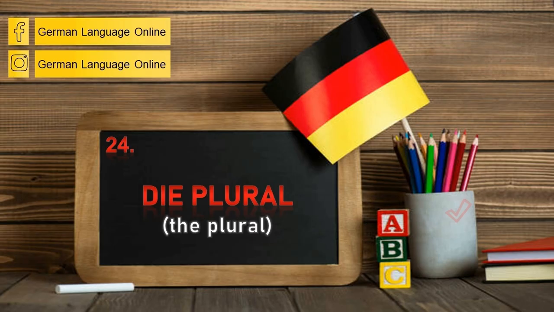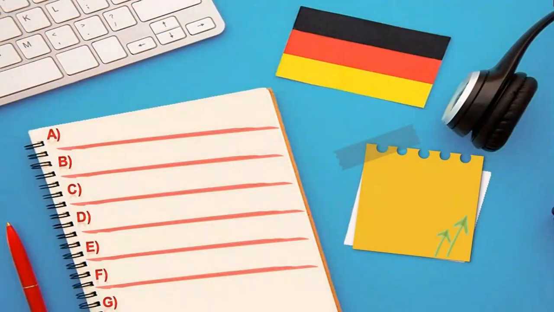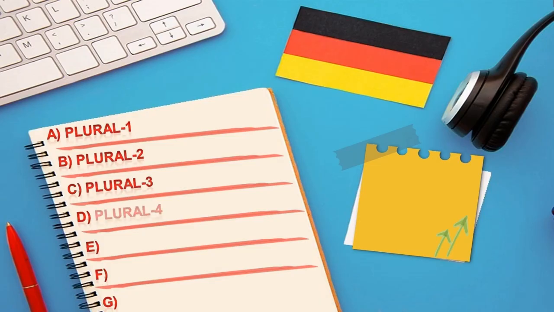The plural, or in English, the plural. What types of plural will we be studying today? As we can see, there are seven types of plural, and today we will learn about each of them.